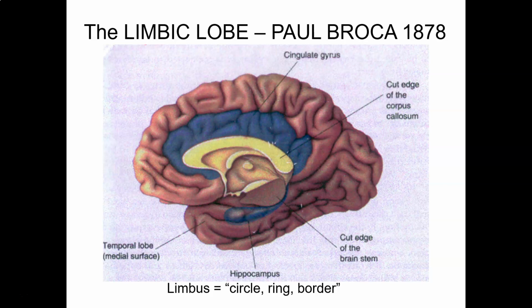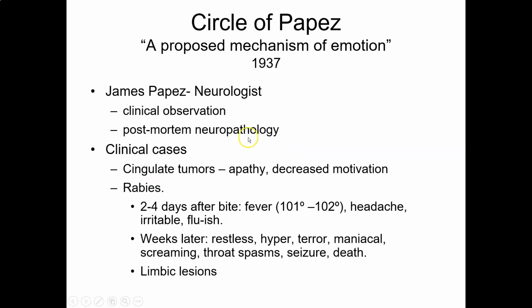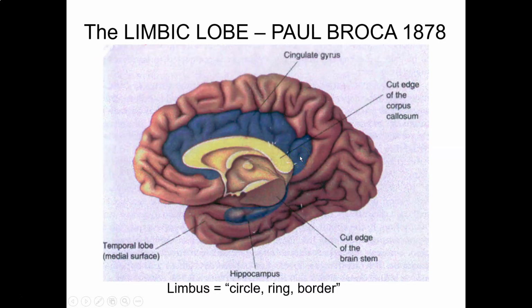He demonstrated a patient that had production deficits, so Broca's aphasia. They can't produce speech, but they can understand it. Broca was the first to describe subcortical regions basically forming a ring or a limbus around the brainstem. He did not actually describe the function.